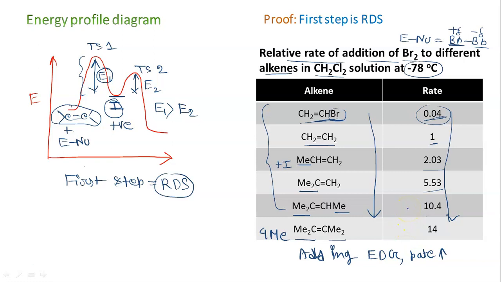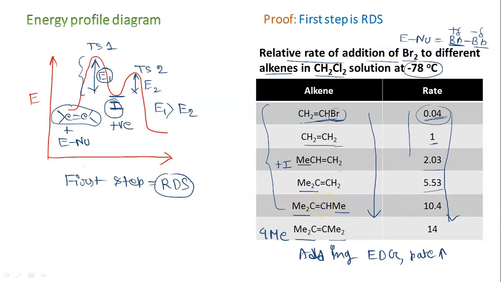So it proves that the first step is the RDS, because if the first step is not the RDS, then by changing different types of groups in the alkene, we should not observe this type of increase in rate. But we are observing an increase in rate. That means the first step is the rate determining step.